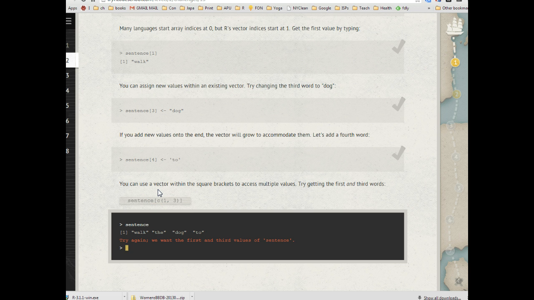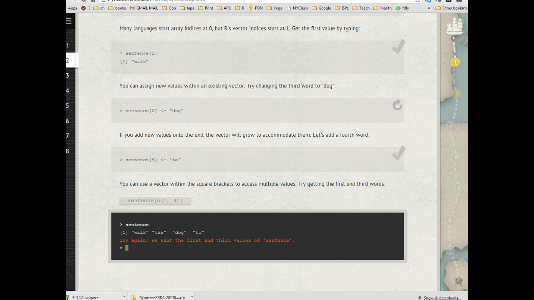Now suppose you want to access just the first and the third, walk and dog. You just want to access 2 elements. How can you do that? We know how you can access a single element, like this, but how can you access 2 elements?